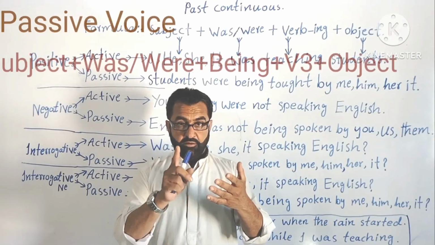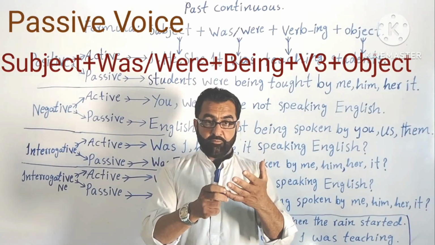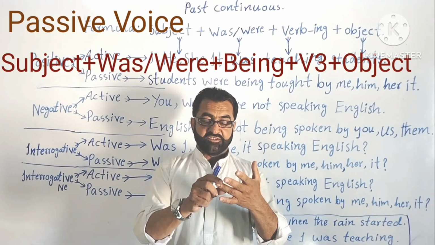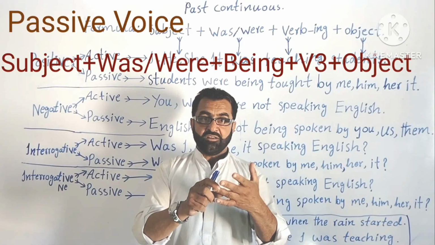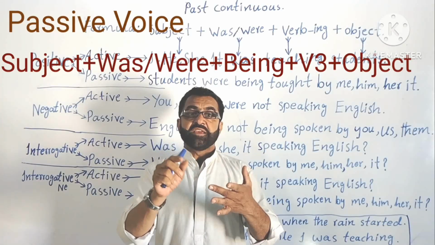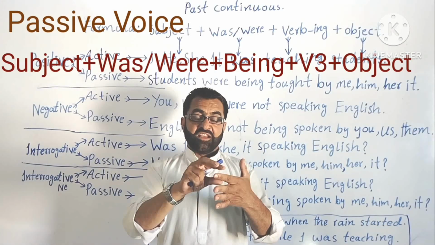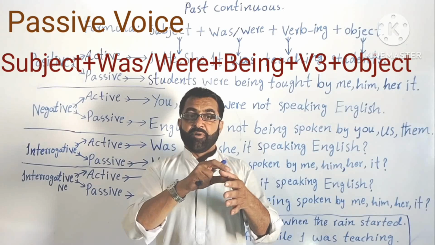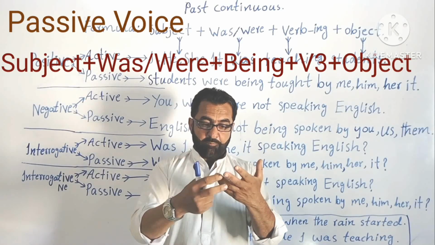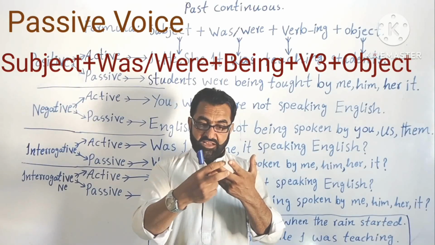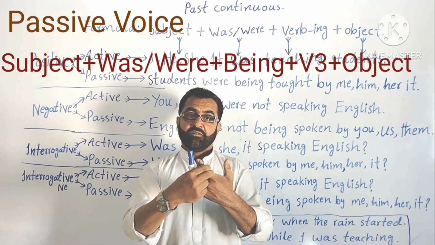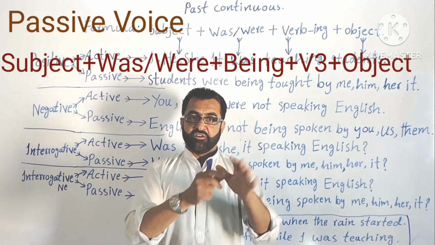Subject plus helping verb, was, plus extra word being, plus main verb plus object. Once again, subject plus helping verb plus extra word being plus main verb plus object. Five things.